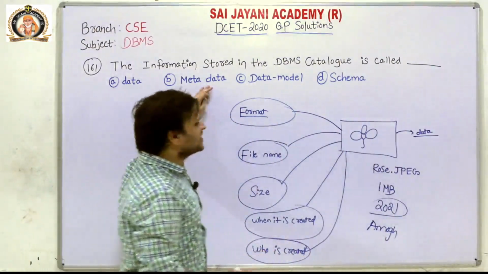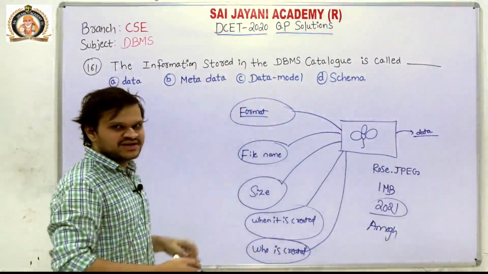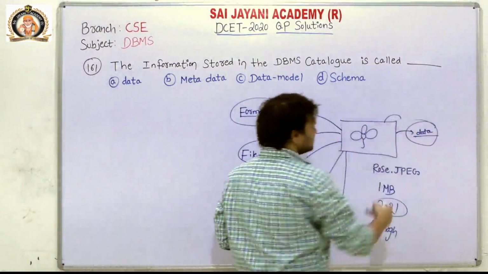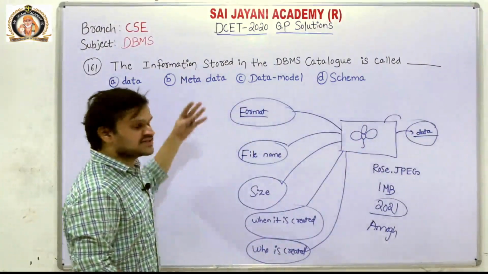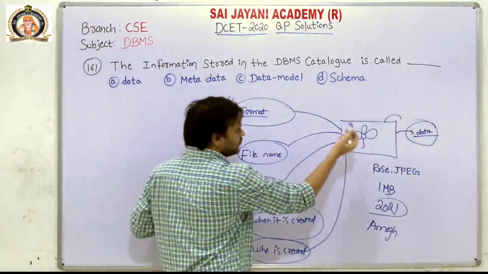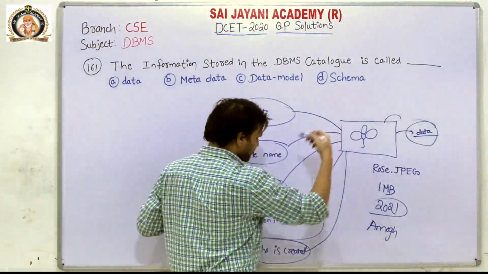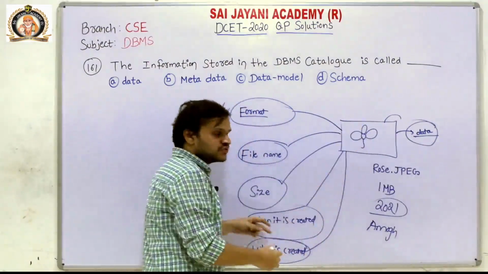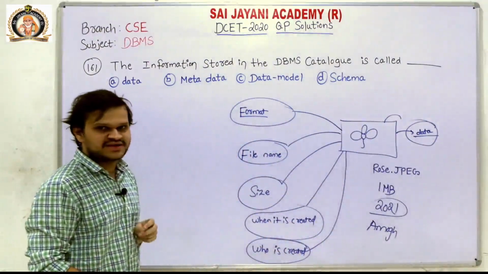What is metadata? Metadata is data about data. Here the flower image is data. This flower image contains some other data like the format of this image, file name, size, and also when this image was created and who created it.